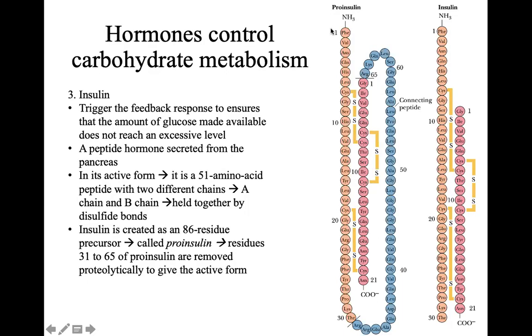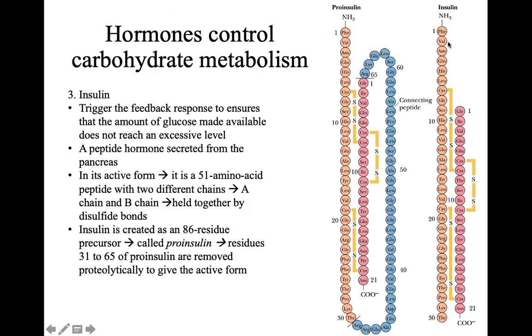This is an example of insulin. Insulin is a very short chain, only 51 amino acids in total. You see in brown on the left-hand side, and the pink one, there is a combination of two chains. The first chain is 30 residues, from 1 to 30, plus 1 to 21.